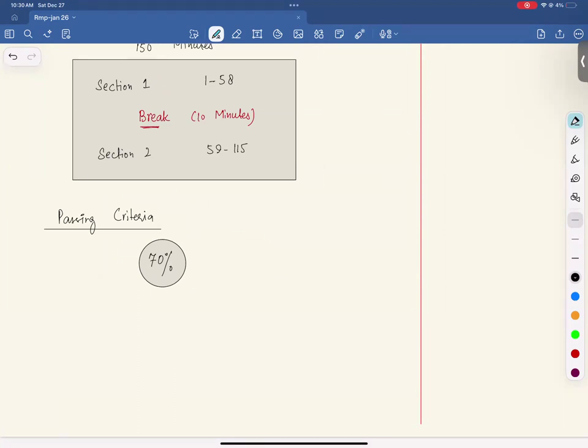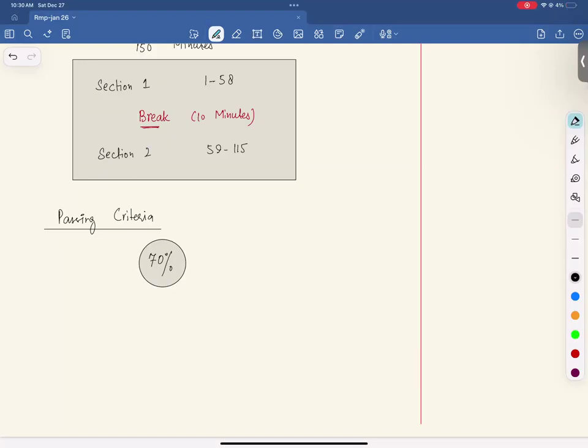Okay. If I talk about what we will be covering in this course, we have 5 different domains. There are 5 domains that we will be covering. The entire course content is divided into 5 different sections.